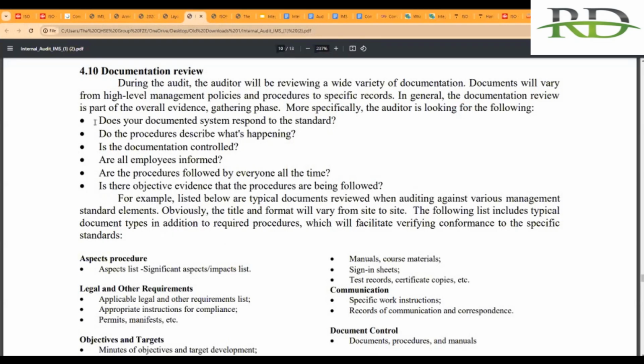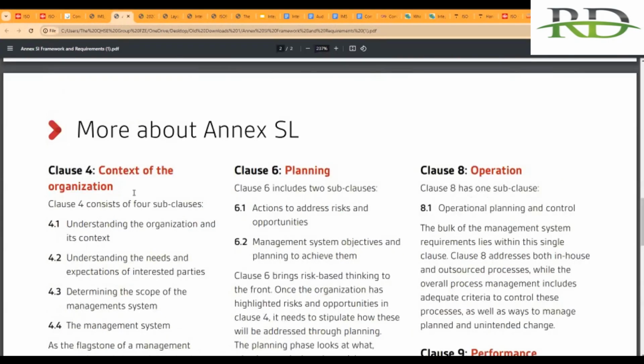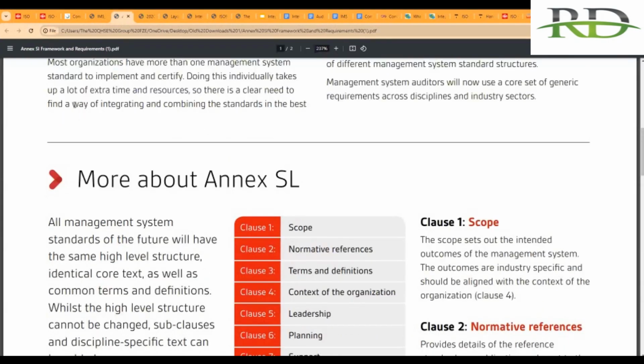What you're looking for is to determine whether your documentation responds to the standard. Whenever we say standard or IMS, we're talking about these goal-setting requirements. This is the way of integrating and combining standards.